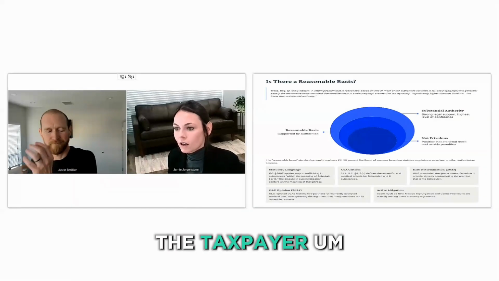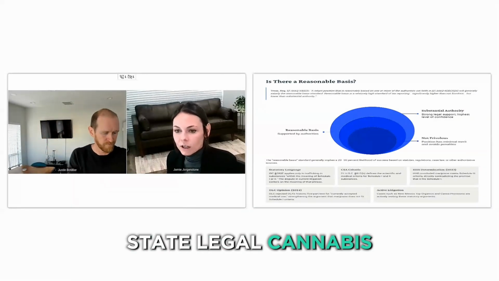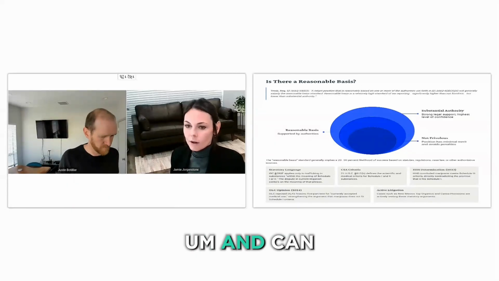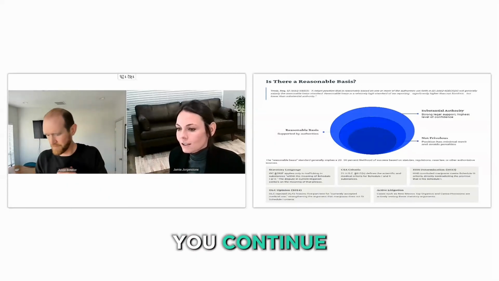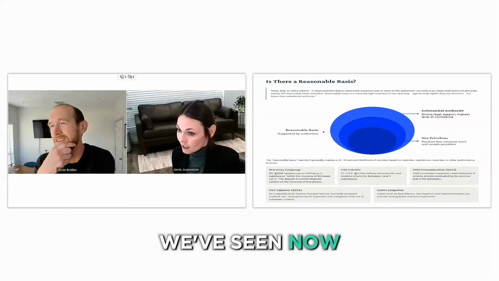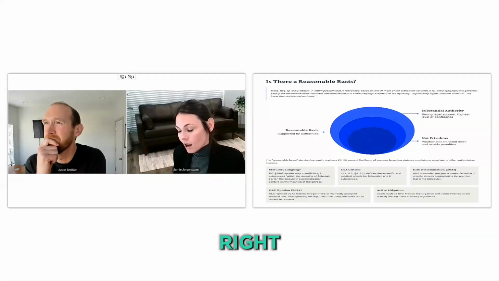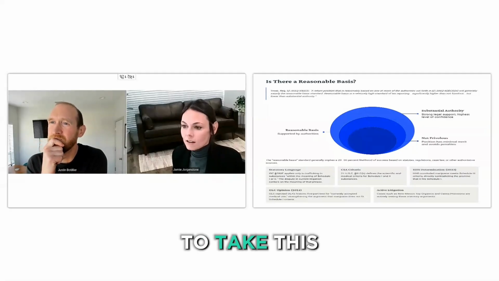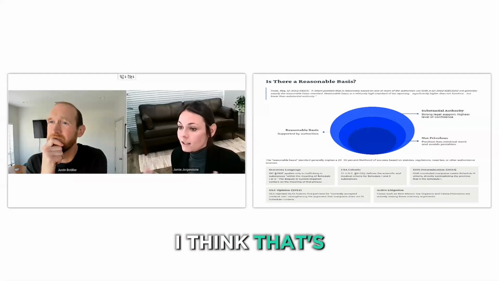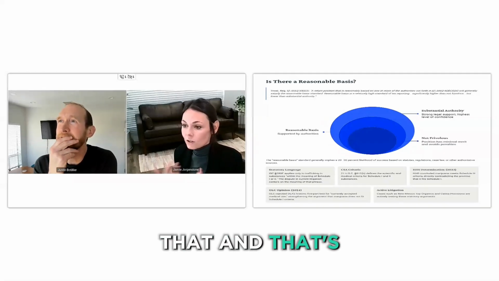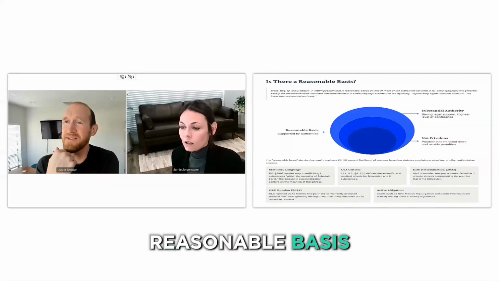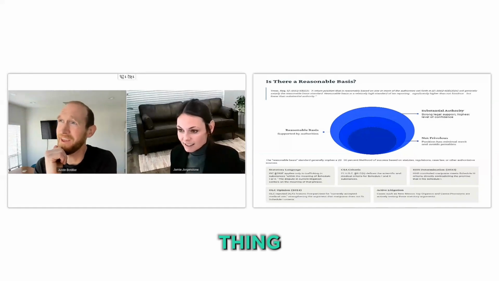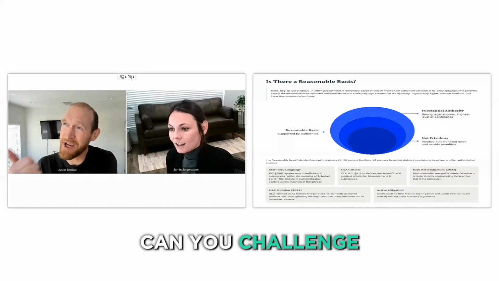The taxpayer that has a state legal cannabis operation, and after we've now seen the IRS's response, can you continue to take this position that 280E doesn't apply? I think that's a big question. Is there a reasonable basis? The whole point of this is, is there a reasonable basis? Can you challenge 280E?